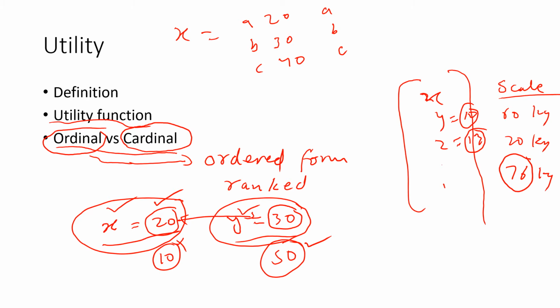Let's say instead of 20 we write it as 40, 60, and 80. So these utilities are identical.